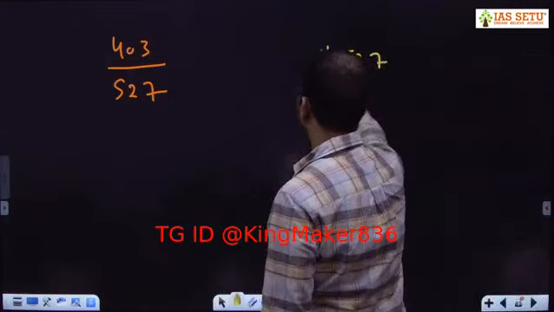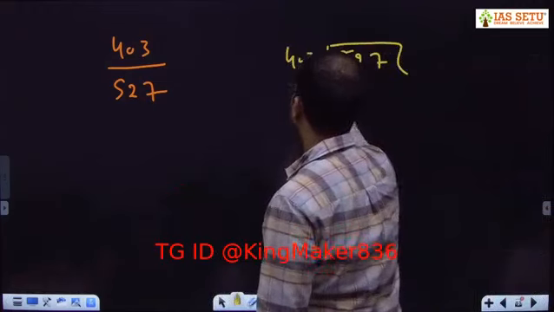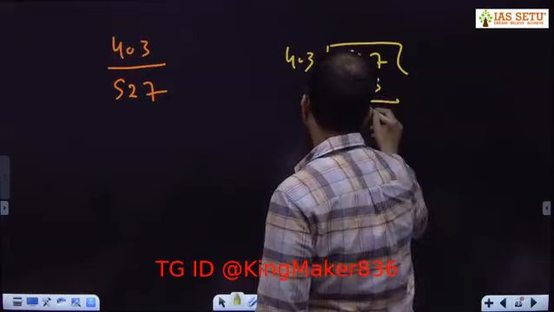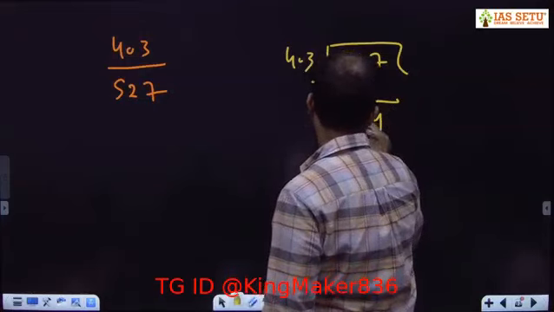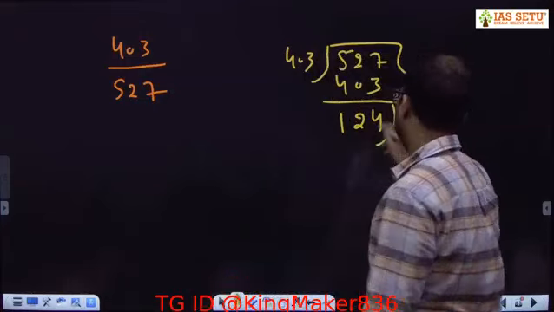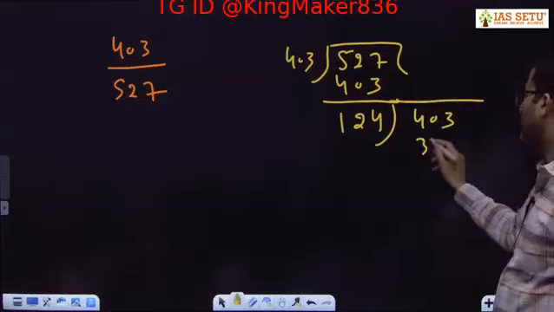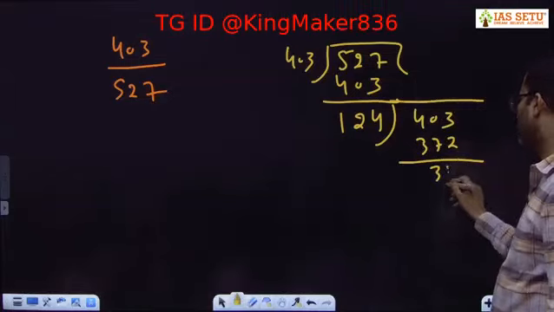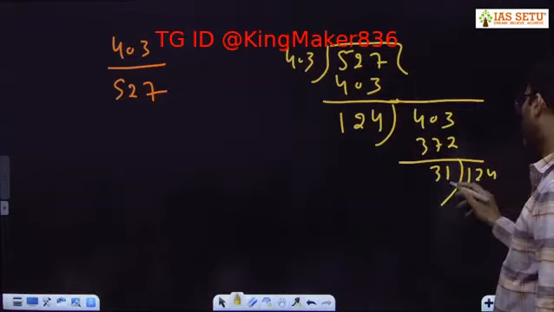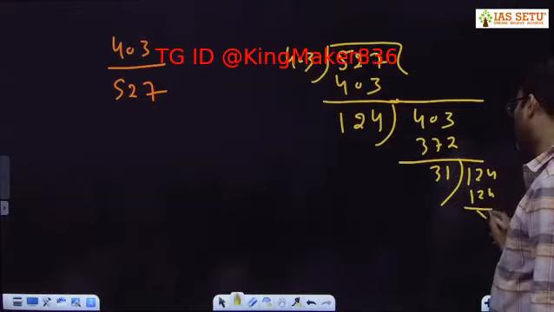Now we find HCF. This is 4, 2, 1. 403, 372, 31, 124. 31 4s are 124.